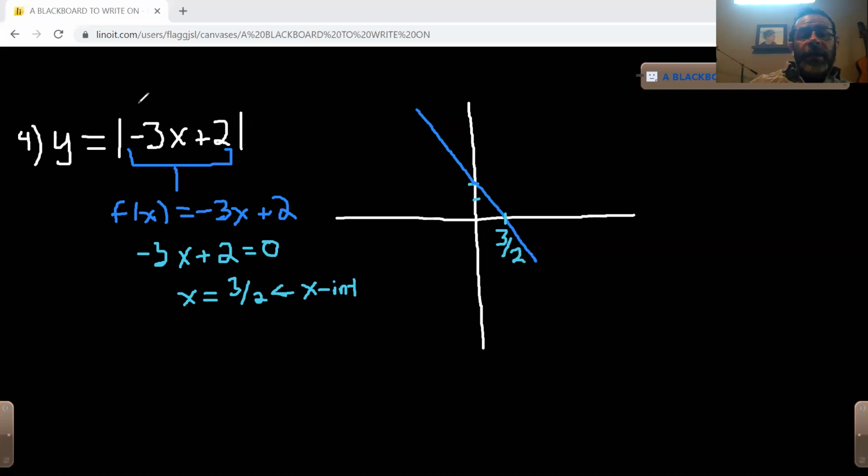The only thing I'm doing is doing the graph of what's inside the absolute value. Is that clear? Professor, how did you stretch that line? Remember that this is a sketch, so the only thing I did is I put it a little bit closer to the y-axis.